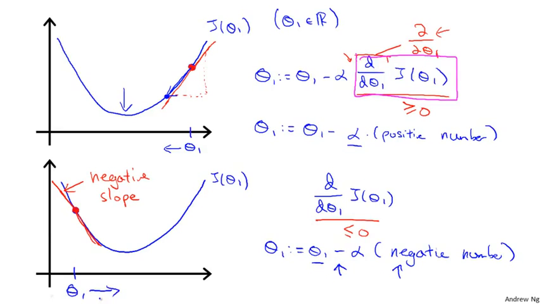And so I'm going to start here and increase theta, which again seems like the thing I wanted to do to get me closer to the minimum. So this hopefully explains the intuition behind what the derivative term is doing. Let's next take a look at the learning rate term alpha and try to figure out what that's doing.